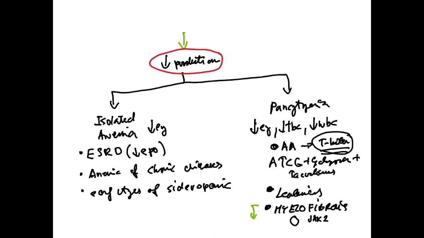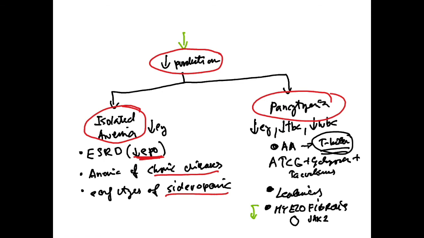we can divide them into isolated anemias and pancytopenias. If it's isolated anemia, whether it's something from outside which sort of causes decreased production of erythrocytes, and so decreased erythropoietin, or in both these cases there's a decreased iron level, or iron is not getting into the bone marrow, so that's why the production is decreased.